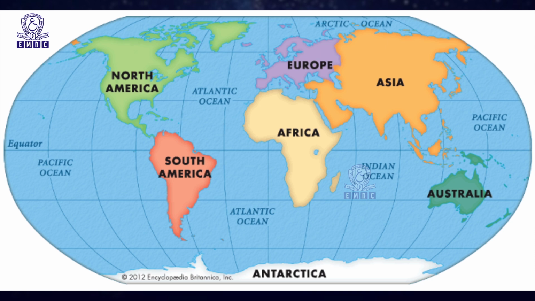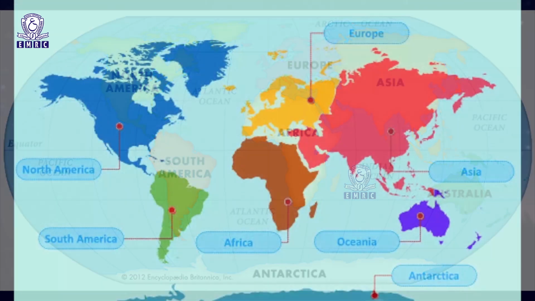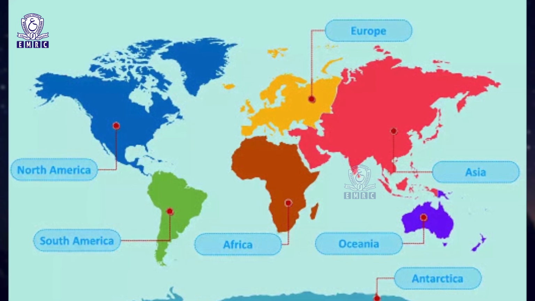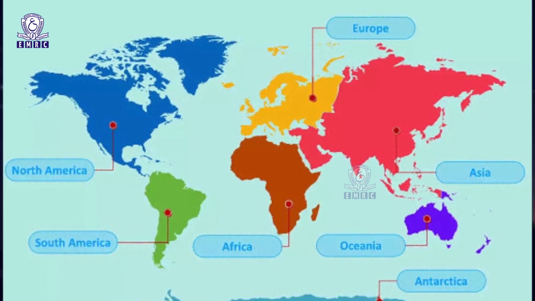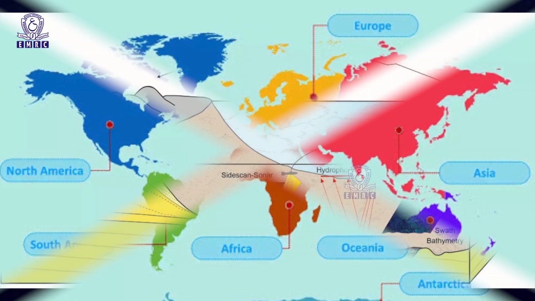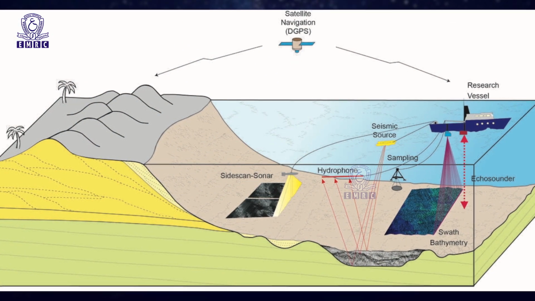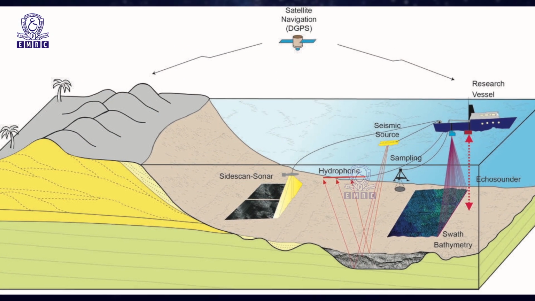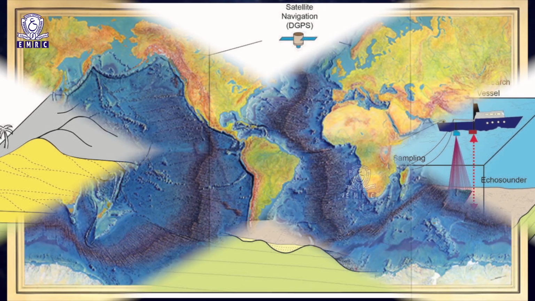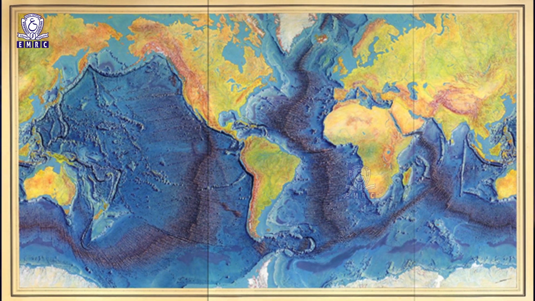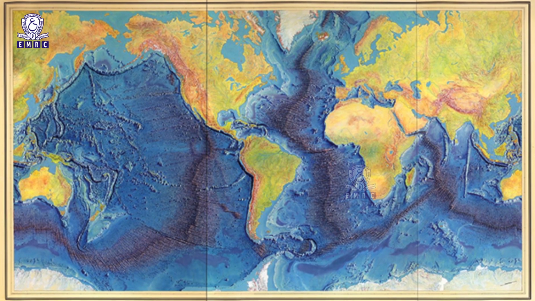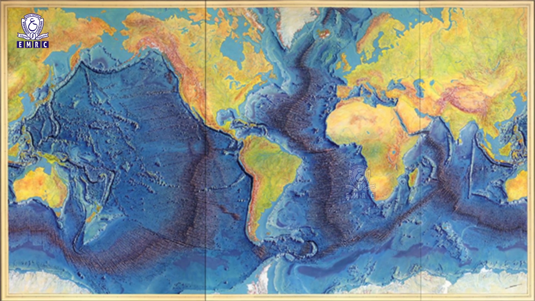It is interesting to note that for continental drift, most of the evidences were collected from the continental areas. Information collected from the ocean floor and mapping provided a new dimension in the understanding of this theory of continental drift.